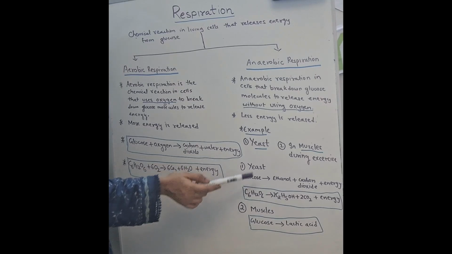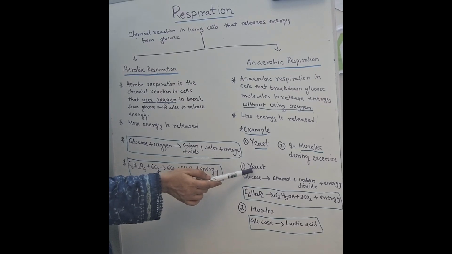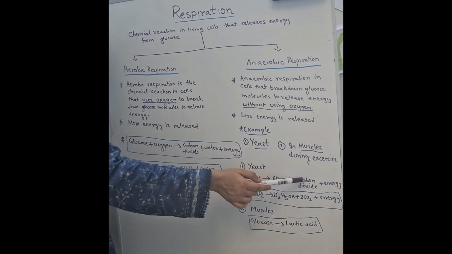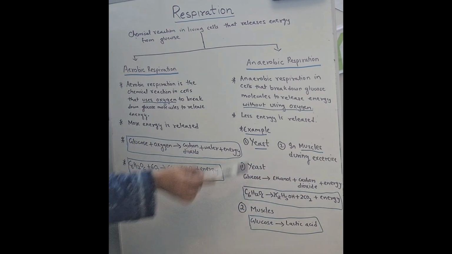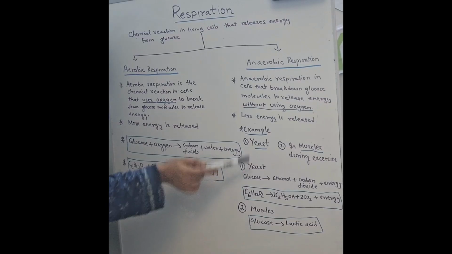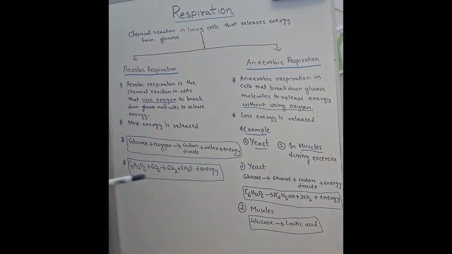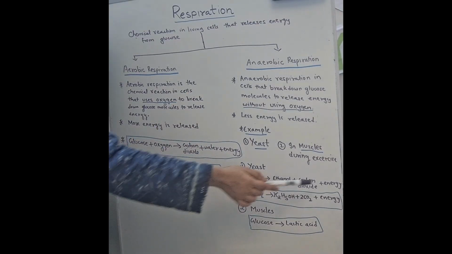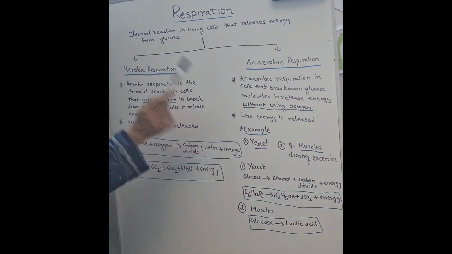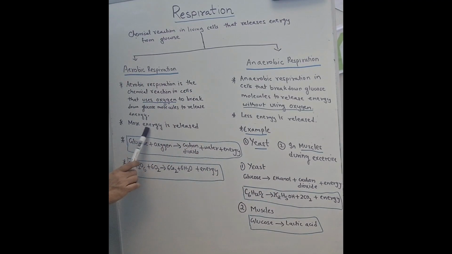But when anaerobic respiration takes place in yeast, glucose is converted into ethanol and carbon dioxide, and energy is released. This is the specific reaction that takes place in yeast during anaerobic respiration. The energy released during anaerobic respiration is less compared to the energy released during aerobic respiration.